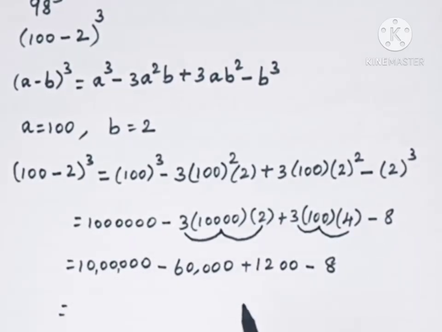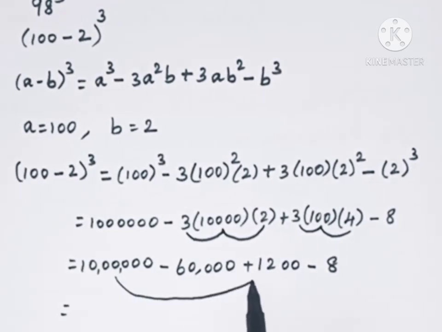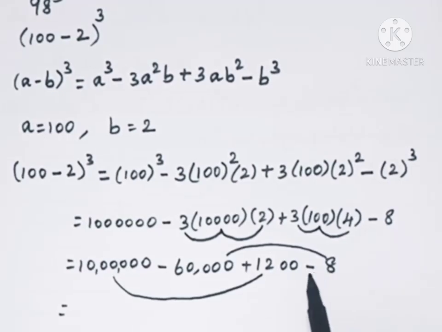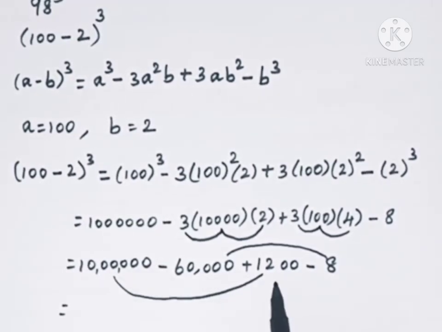Now, first add the like terms. Here, 10 lakhs and 1,200 are in positive sign, so first add these two numbers, and then these two numbers are in negative sign, so add these two numbers first.